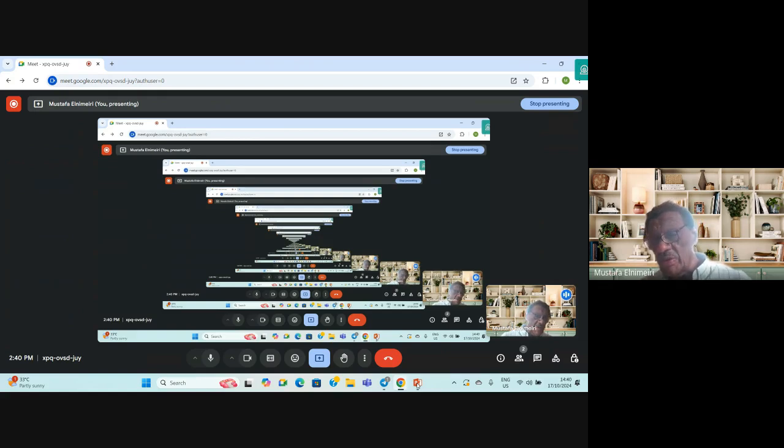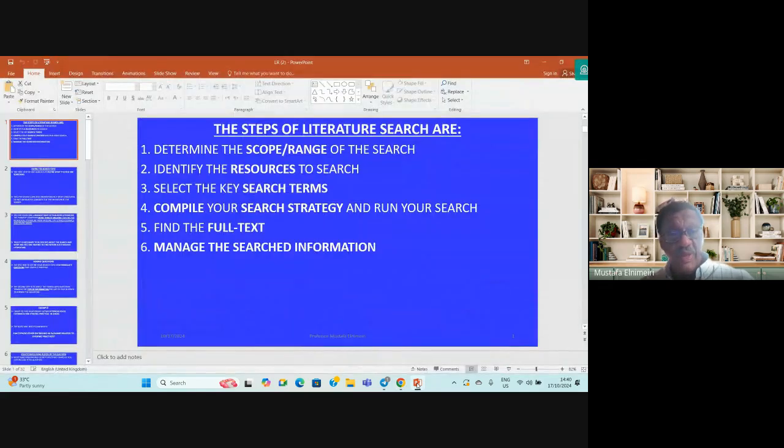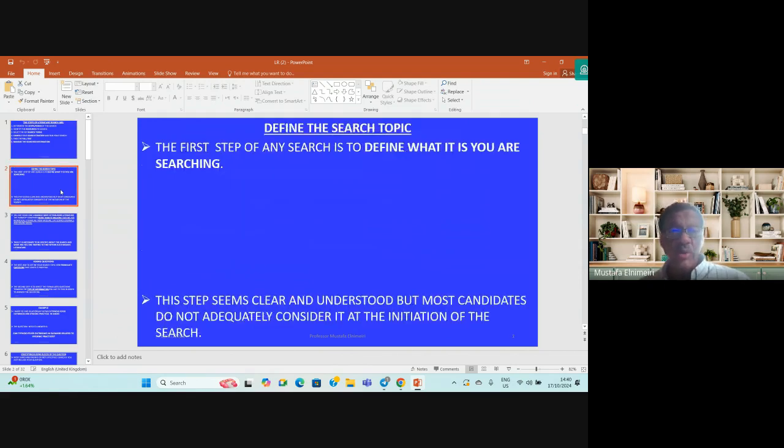But the abstract usually is inadequate to reflect the whole picture of the article. And then manage the search information and find out which information is of importance for you, which of this literature is relevant to your topic.